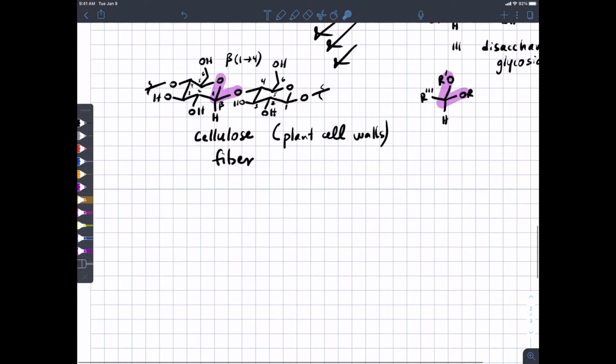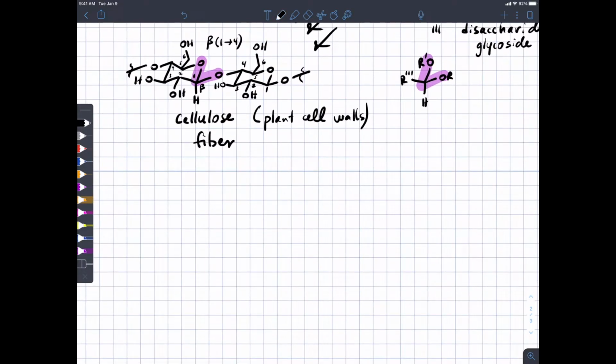Okay, well, we do get our glucose from food, but the form that works for us is not the beta-1,4 linkage, but the alpha-1,4 linkage.